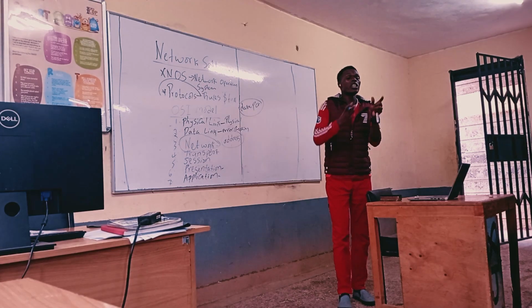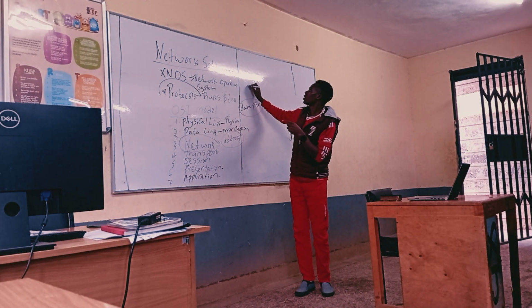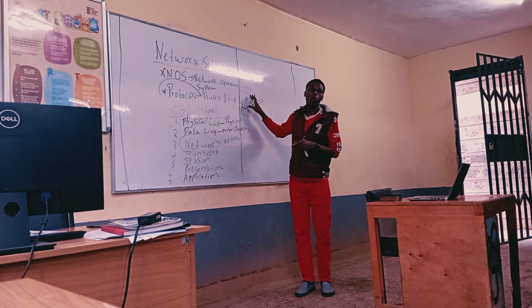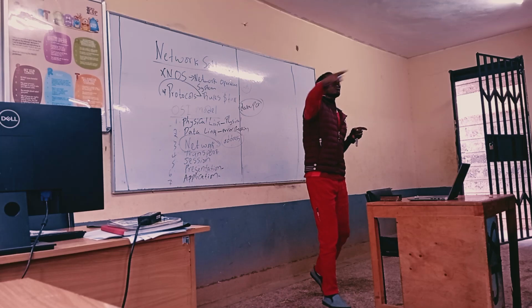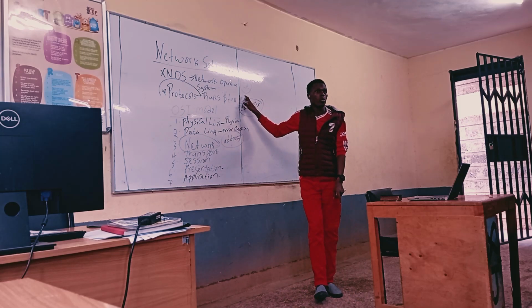Everyone, so that now if our computer is given, let's say, an IP address of 2, that means there is no other computer on that network that has this one, the 2.